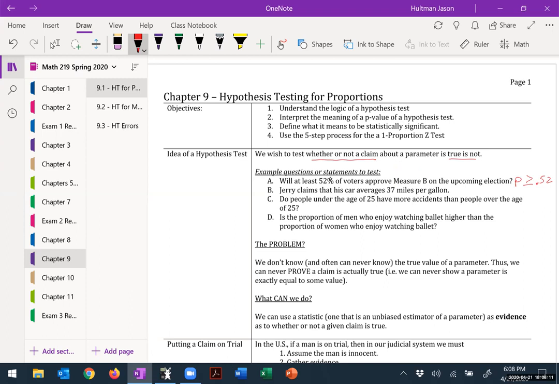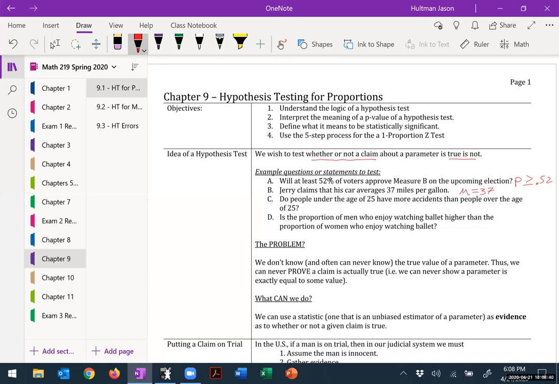Part B, Jerry claims that his car averages 37 miles per hour. That's an average, not a proportion, so mu is equal to 37. And we're going to ask, do our statistics line up with our claim? We're going to do proportions today and means on Thursday.